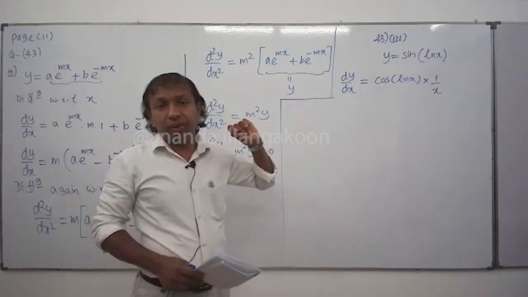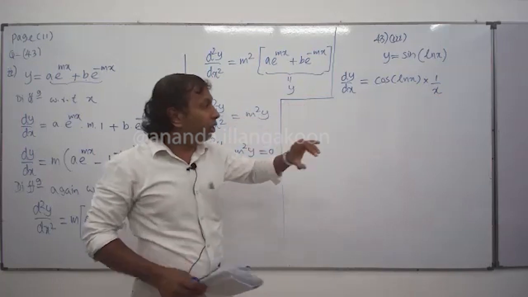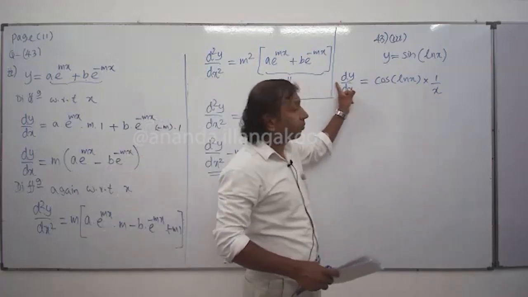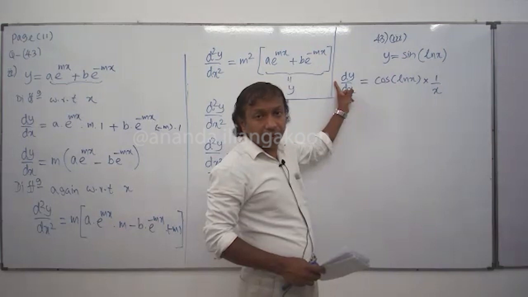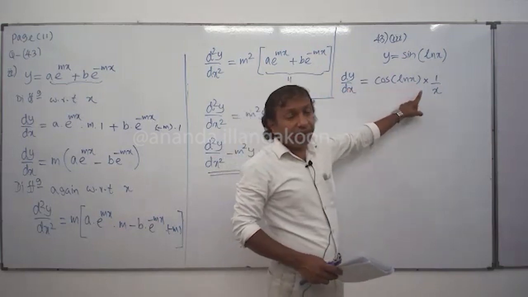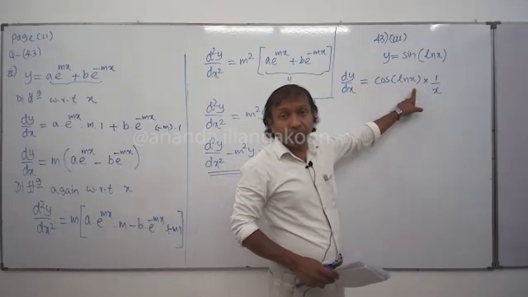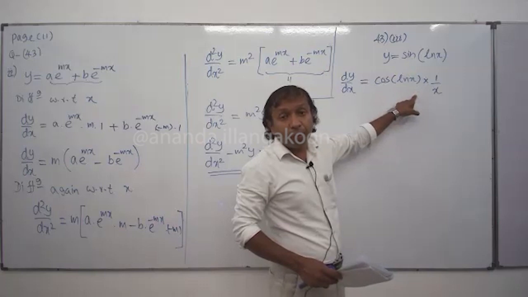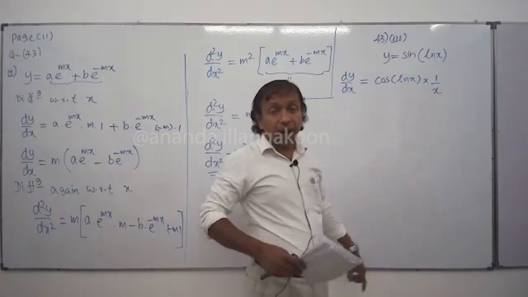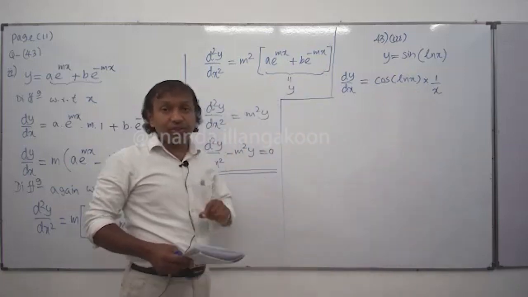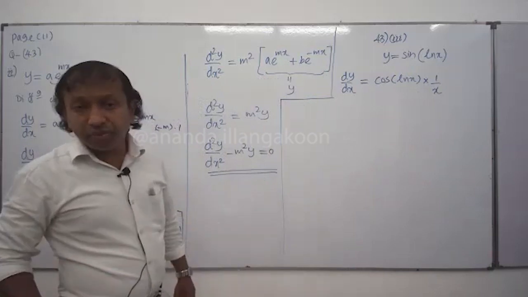Why? Rather than that, by using cross multiplication, we can eliminate the quotient form from the right hand side. If you eliminate this quotient form, the differential equation will come more easily.